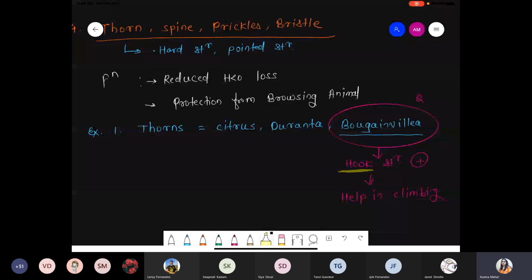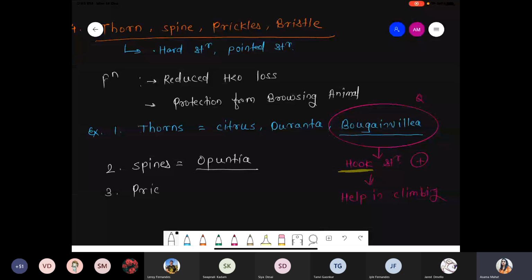Okay. Number second, we are talking about spines. Spines again are hard pointed structures, and an example is very common in Opuntia, that is cactus. Third one, we are talking about prickles. I hope you are well aware of this.